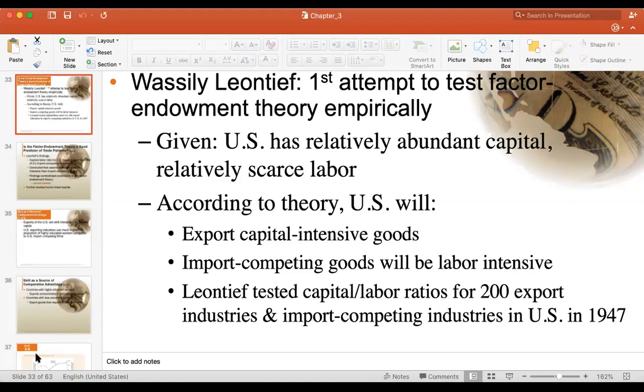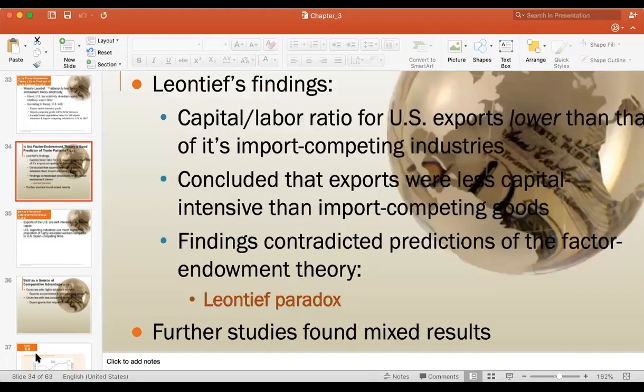He found that the US was actually exporting labor-intensive goods and importing capital-intensive goods. And as a result, his finding was referred to by other economists as the Leontief paradox, meaning it is highly contradictory to the HO model.